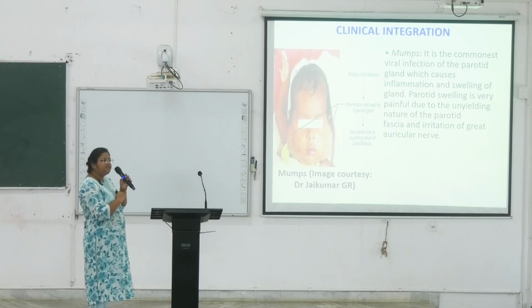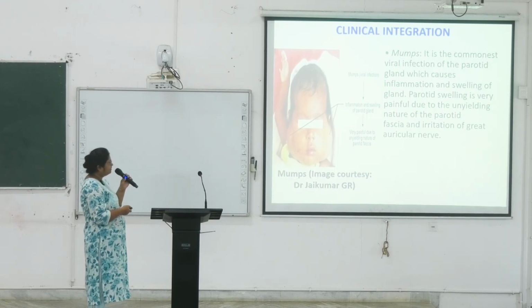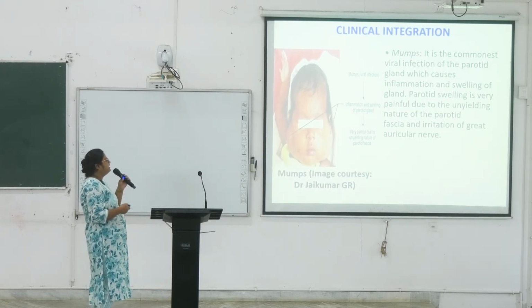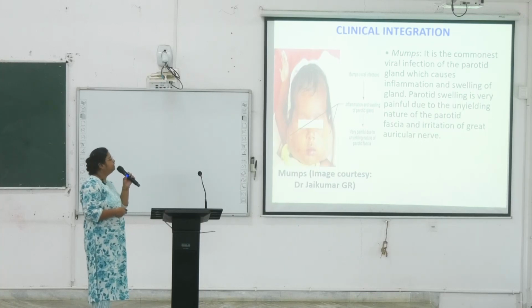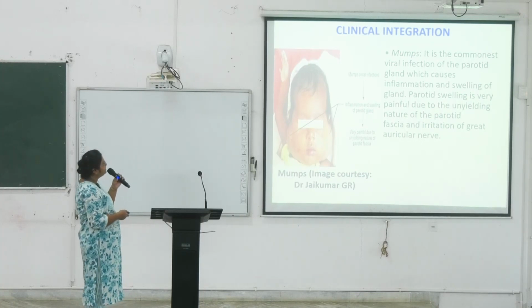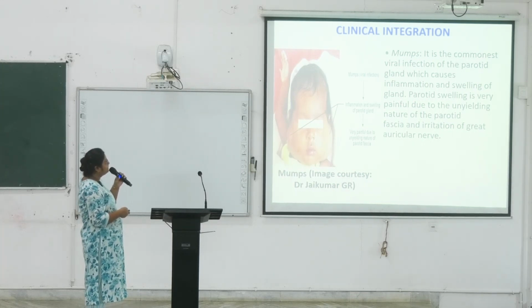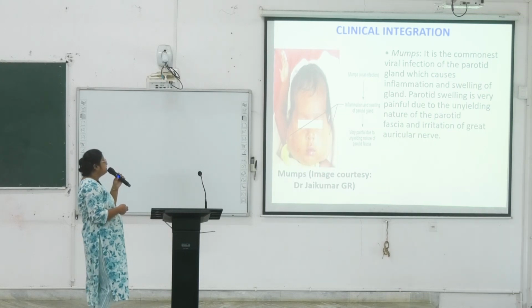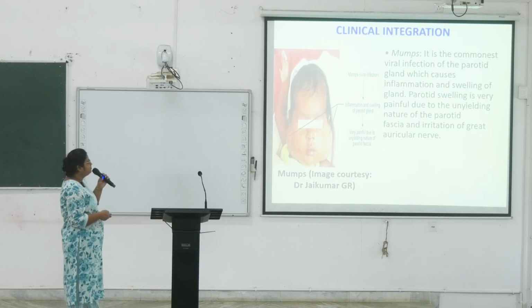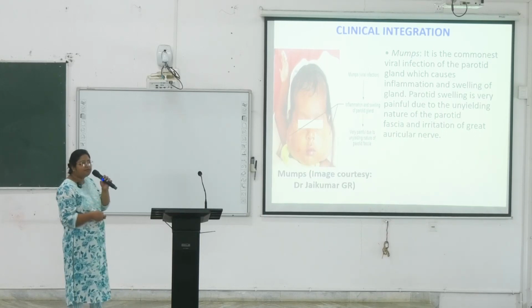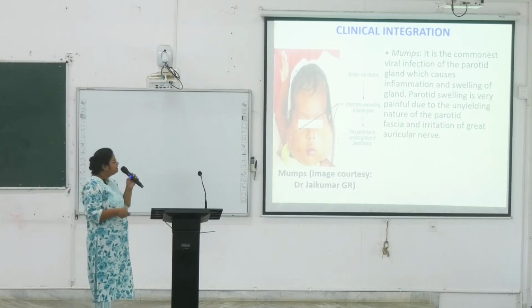The next clinical aspect is mumps. It is the commonest viral infection of the parotid gland and causes inflammation and swelling of the gland. See here, on both sides the parotid gland is inflamed and swelling is present in the parotid region. It is very painful due to the unyielding nature of the parotid fossa.